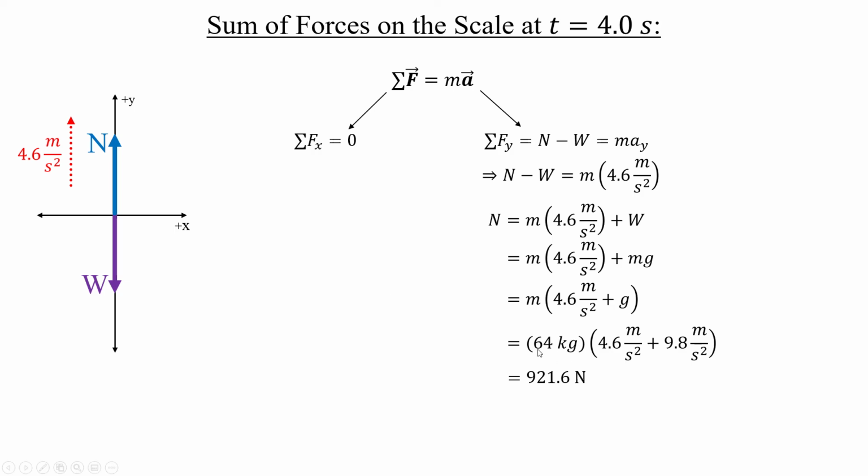Our mass here only has 2 of them. So we need to truncate our answer to the same amount here, 2 significant figures. And so the cutoff line is after the 92. The next digit, 1, is less than 5, so we have to cut this down to 920 newtons. And that is the answer to our problem.